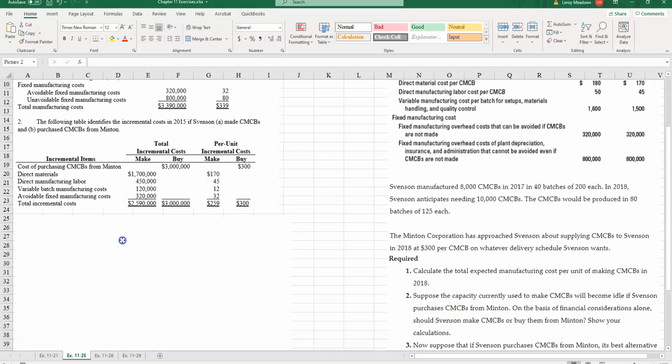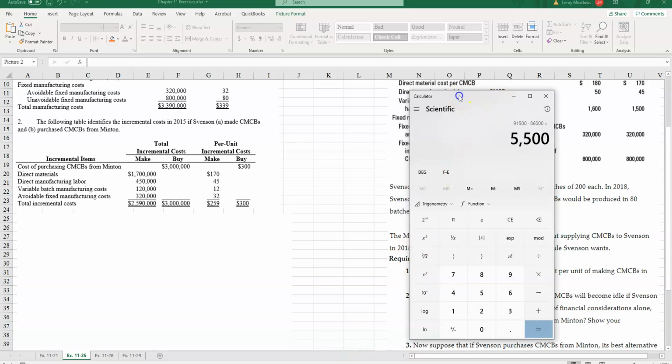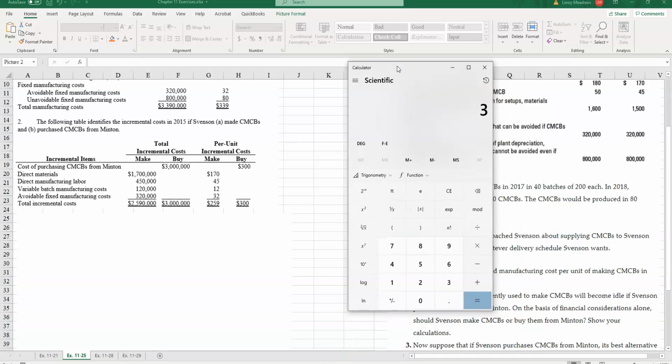We have a decision in favor of keeping that in-house. And how much is that? Well, $3 million minus $2,590,000. So I expect to save $410,000 by keeping the production of CMCBs in-house.